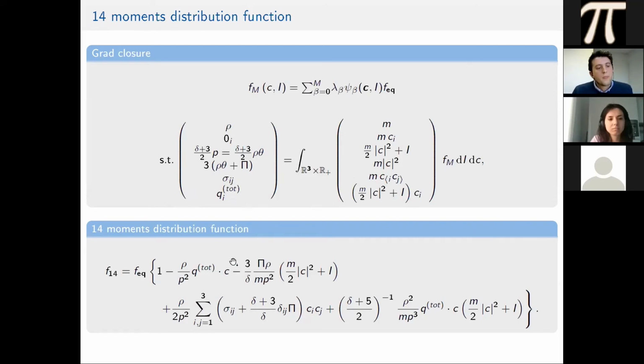And you can notice that in this distribution function all these quantities appear. So when you multiply the distribution function with some test function, you are doing something like a projection, and these quantities again go into the moment equation. So it looks a little bit like going in a circle, but it is not.